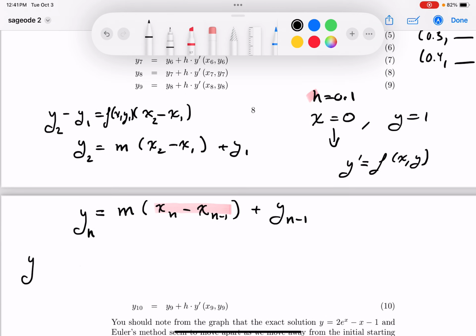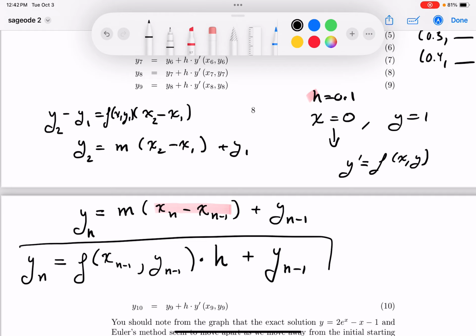So yn is going to be a function, and again, a function of the differential equation, by the way. So it's going to be f of xn minus 1 comma yn minus 1, times h, plus yn minus 1. This is a general formula, by the way.